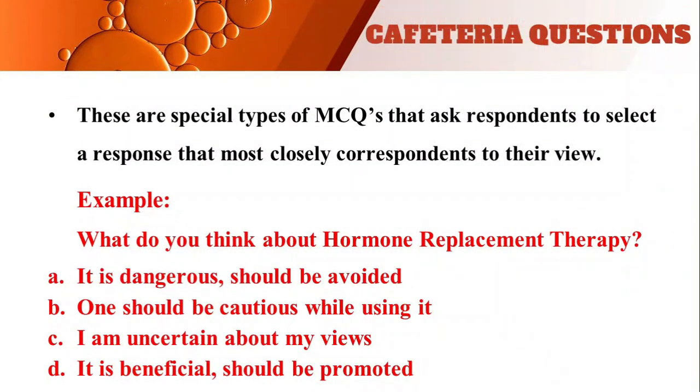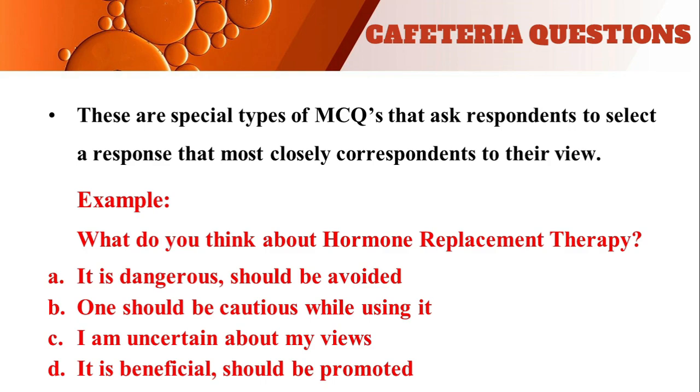So the next type is the cafeteria question, which is also similar to MCQ, but the response from the respondents will correspond more closely to their view. Here we are not speaking about knowledge. What do you think? That thinking can be normal, a scientific thinking, or it can be an illogical thinking.